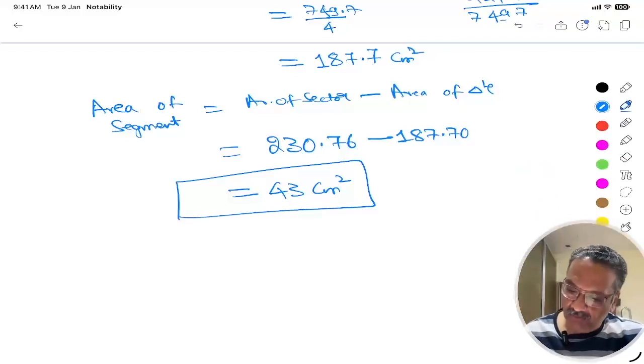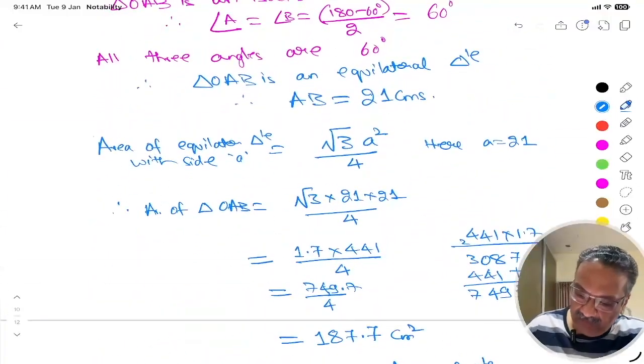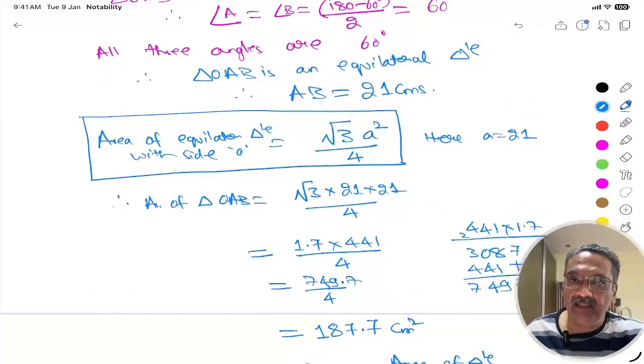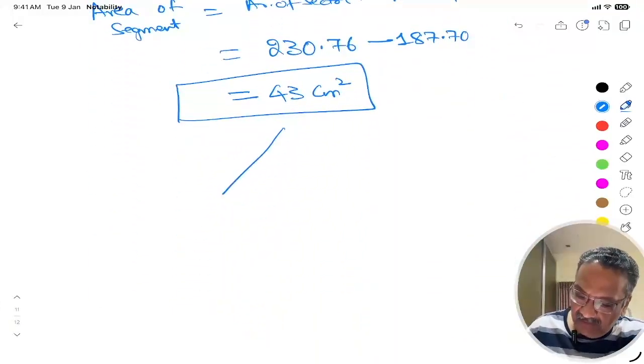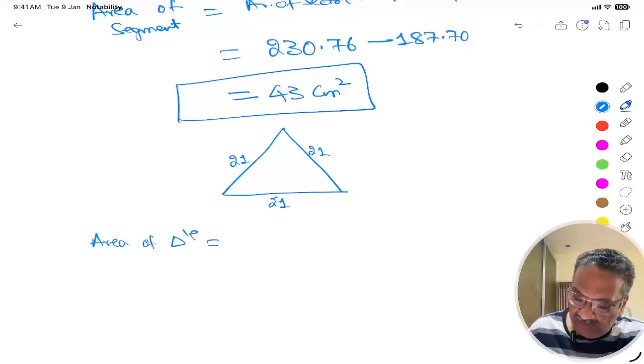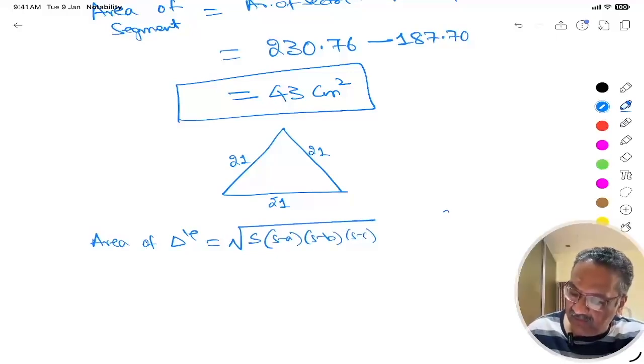See, supposing you do not know this formula here, this area of equilateral triangle, then what you can do is, see, you have got a triangle with all three sides as 21 centimeters, right? Then you can use the Heron formula. Area of triangle is equal to square root of s into s minus a into s minus b into s minus c.